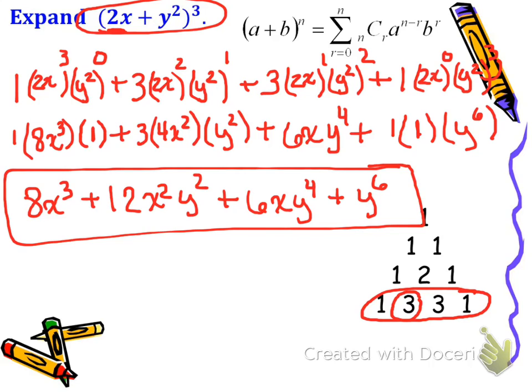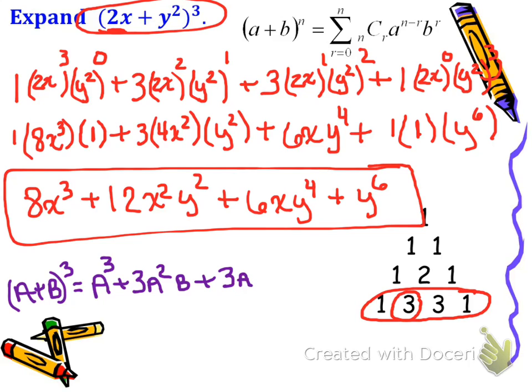Remember, a plus b cubed is always supposed to be equal to a cubed, plus the second term, which would be 3 times a squared times b, plus, remember, the third term is 3 times a times b squared, plus the last term is b cubed.